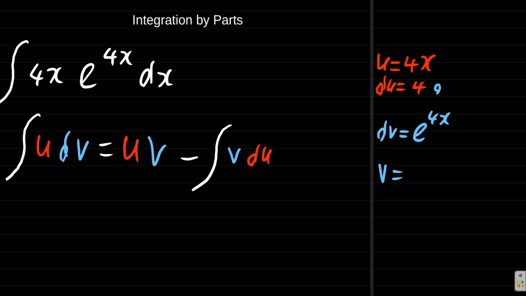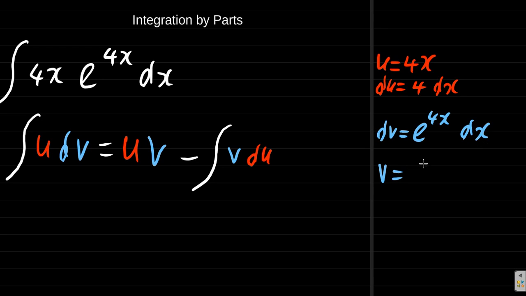Since we are integrating with respect to x, we have 4 dx. We have dv equal e to the 4x dx, right?